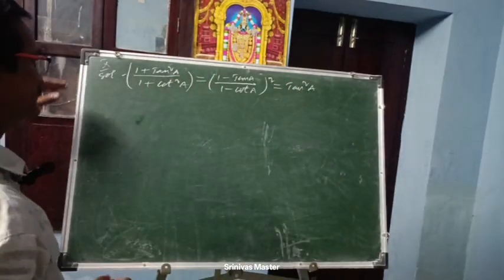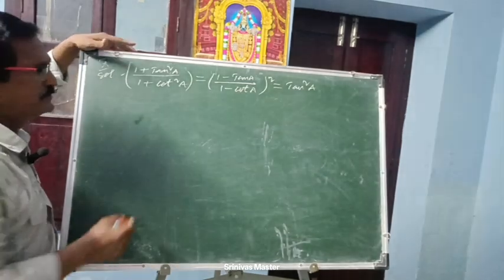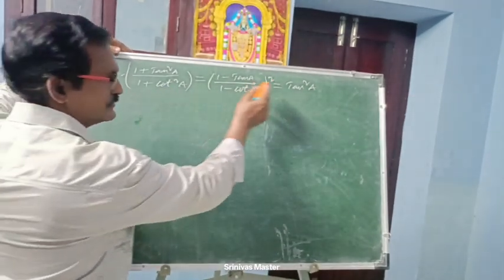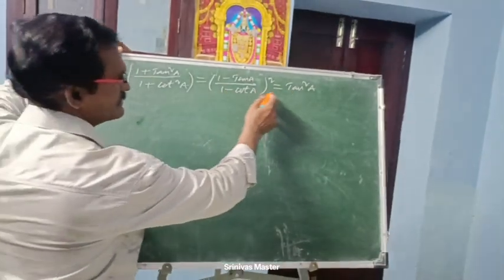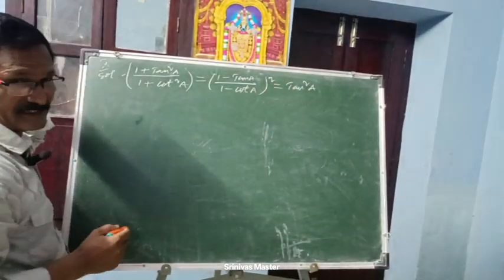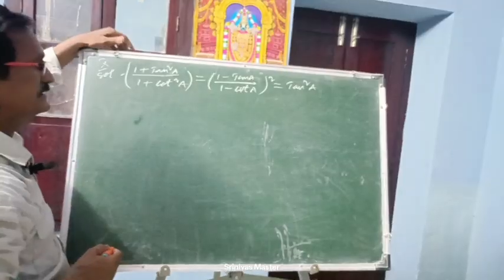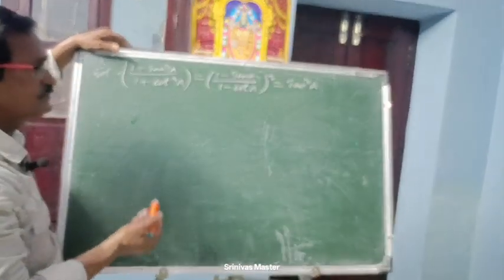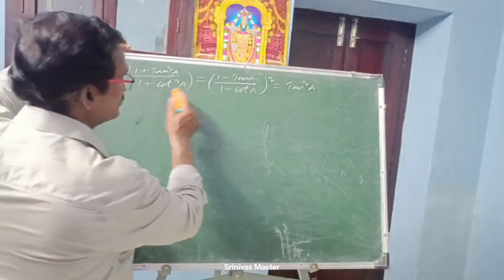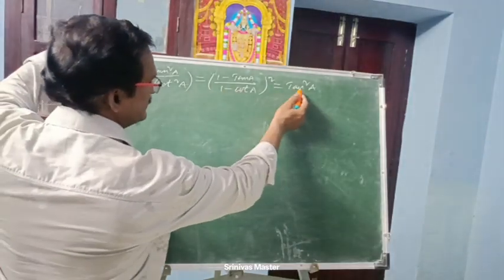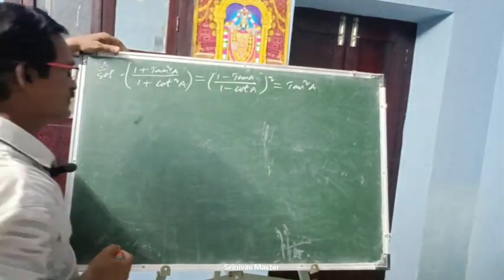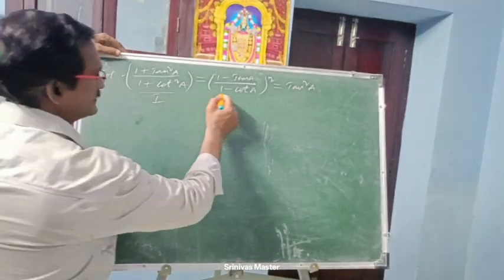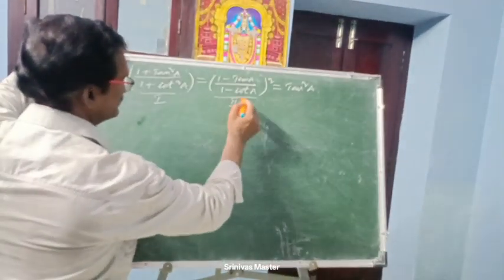See, children, in this problem we have to show that this part equals tan square A and this part is also equal to tan square A, just like a transitive relation, you know that. A equal to B, B equal to C means A equal to C. So both of these you have to prove are equal to tan square A. Take one of the parts; simply think that this is the first part, this is the second part.